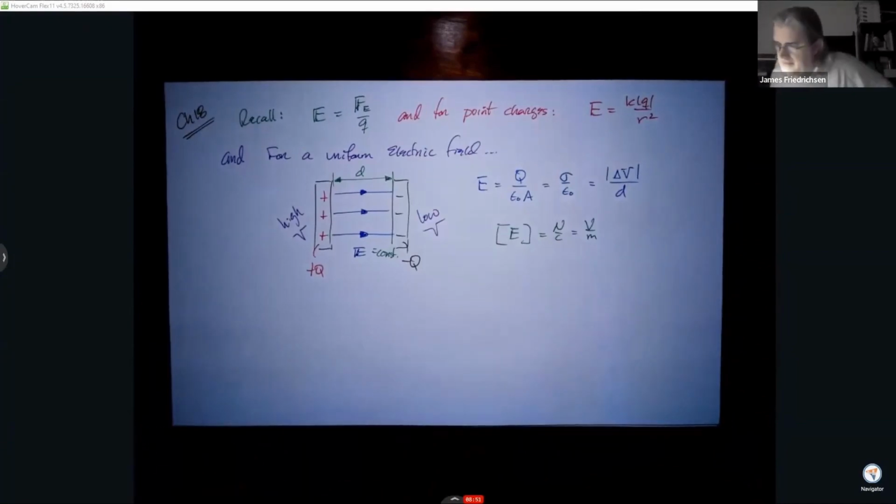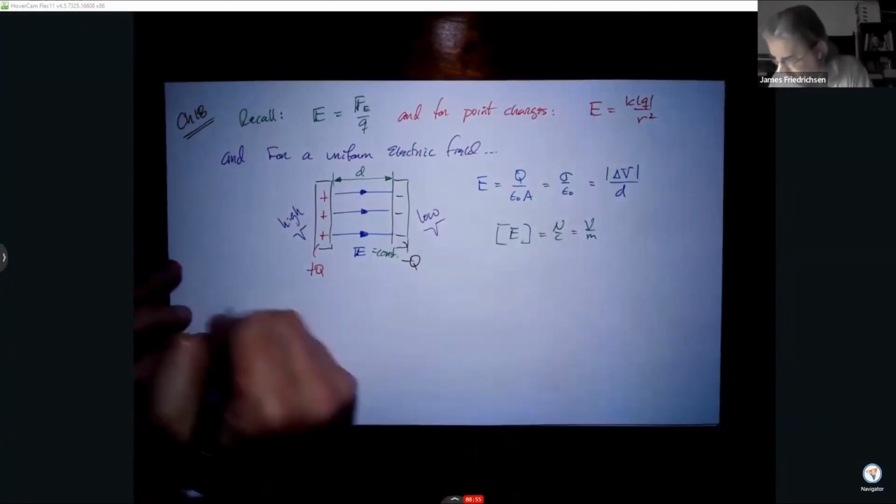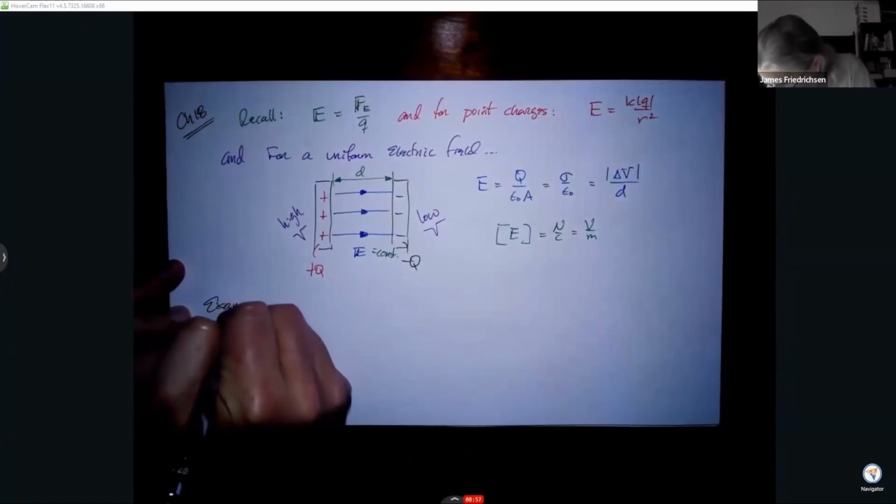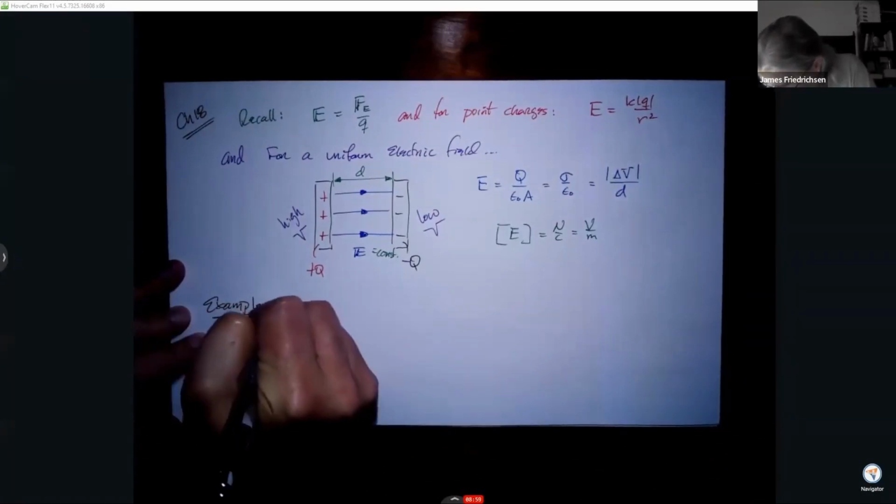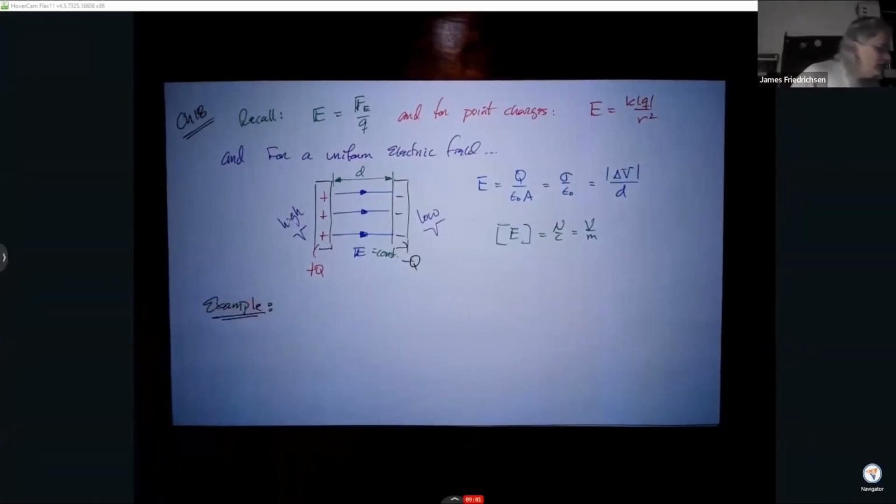All right, let's go in and do a nice little example. The example that I'd like to work is number 9 out of the text. It says two large metal parallel plates carry opposite charges of equal magnitude.